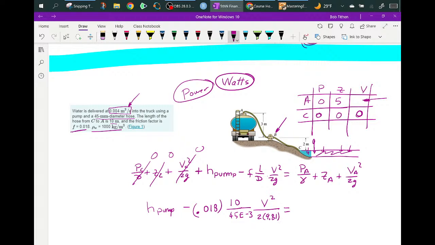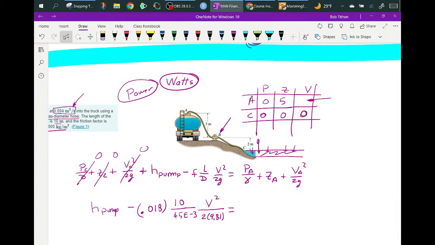Equal to, let's look at A, for example: 0 plus 5, because it's up here at 5, plus V squared over 2 times 9.81.